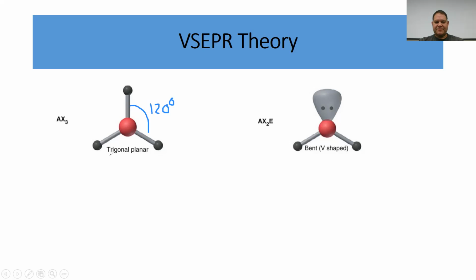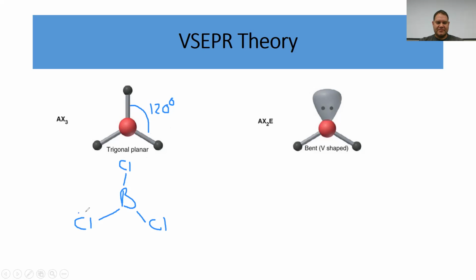If we have a molecule that has 120 degree angles with three domains, we call that trigonal planar. An example would be something like boron trichloride, where we have a chlorine and then another chlorine and another chlorine.